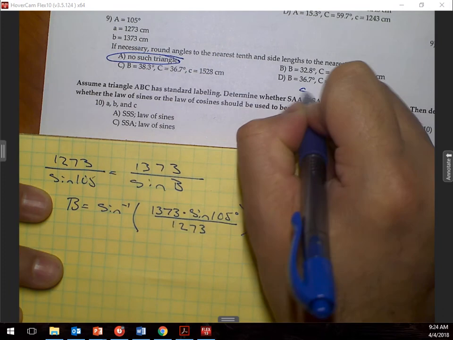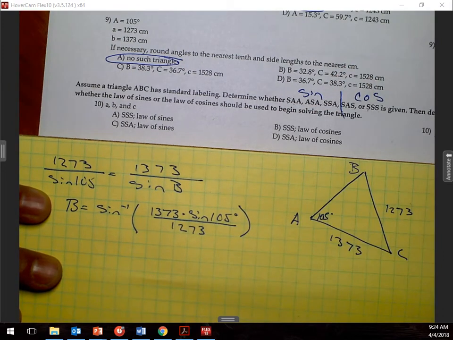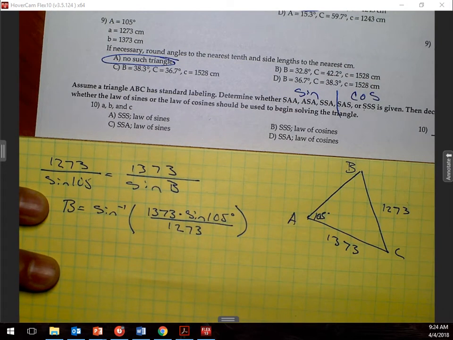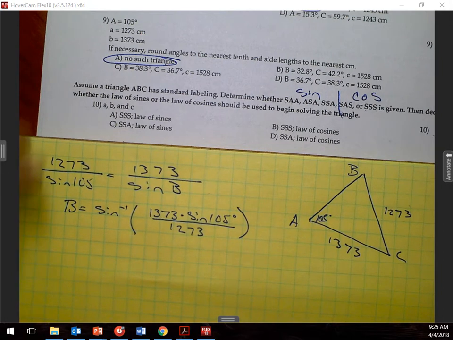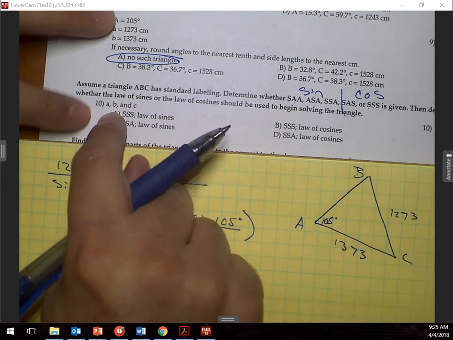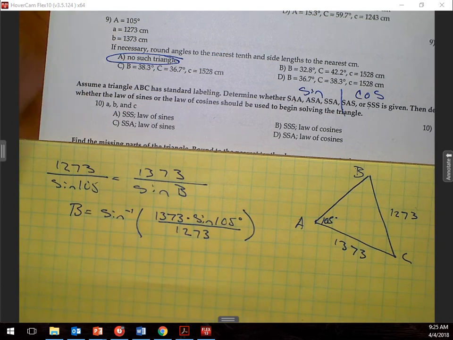All the rest of these are sine. SAS and side, side, side are cosine. So side, angle, angle, angle, side, angle, and side, side, angle are all sine.